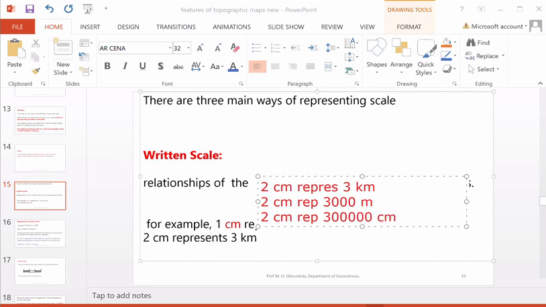So they are in the same unit now. Then we can cancel the units. So 2 centimeters represents 300,000, and you have to reduce everything on this side to 1. Then what is here is 2.